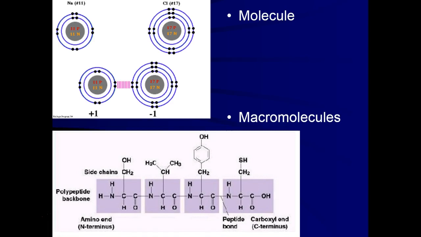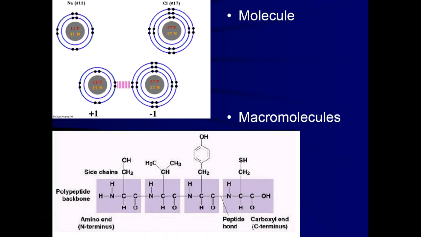So each amino acid that you see there is what we would call a molecule. When molecules are joined together, they form a larger molecule called a macromolecule. And macro just means large. So we have a molecule and then a larger molecule that's composed of those individual molecules.